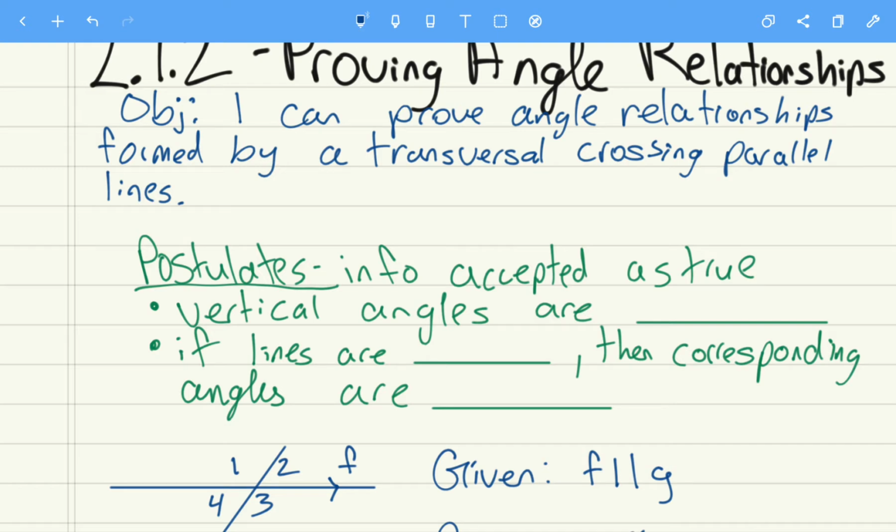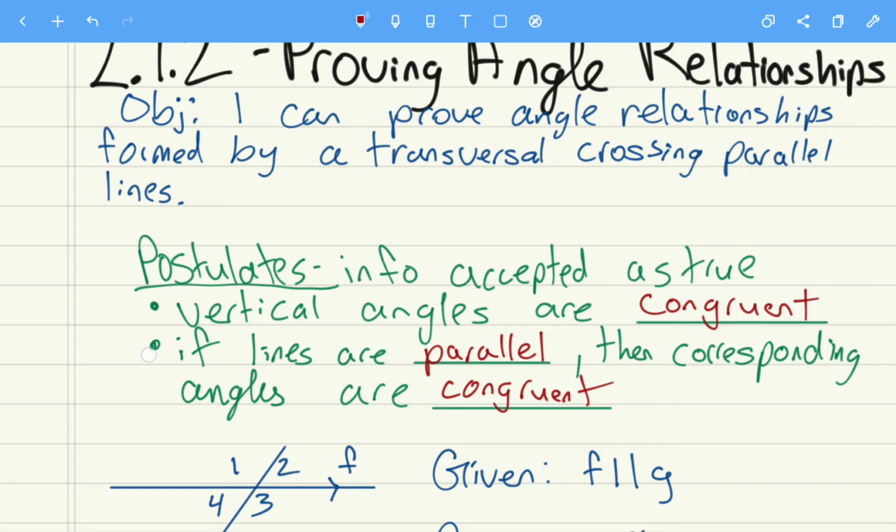So two postulates that we are going to be needing for today are that vertical angles are congruent, and if lines are parallel, then corresponding angles are congruent as well. So these are two pieces of information we accept as fact, and we can use these to form our proofs.